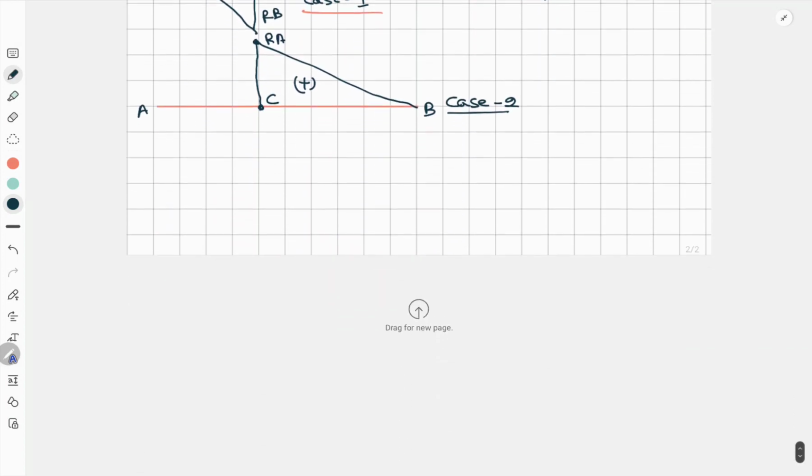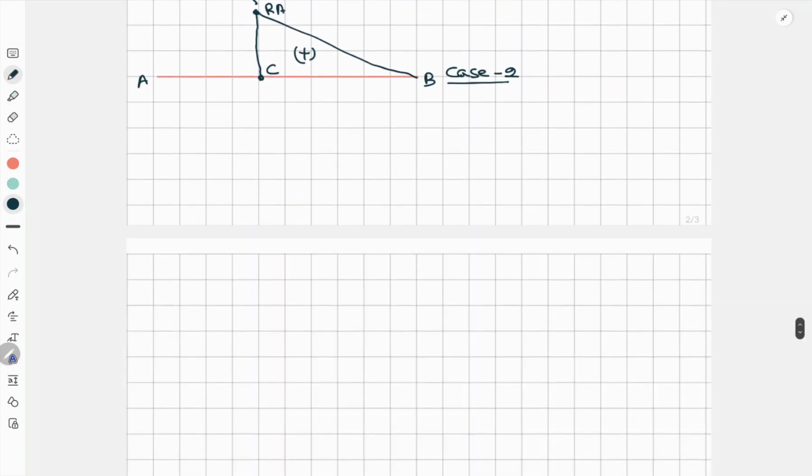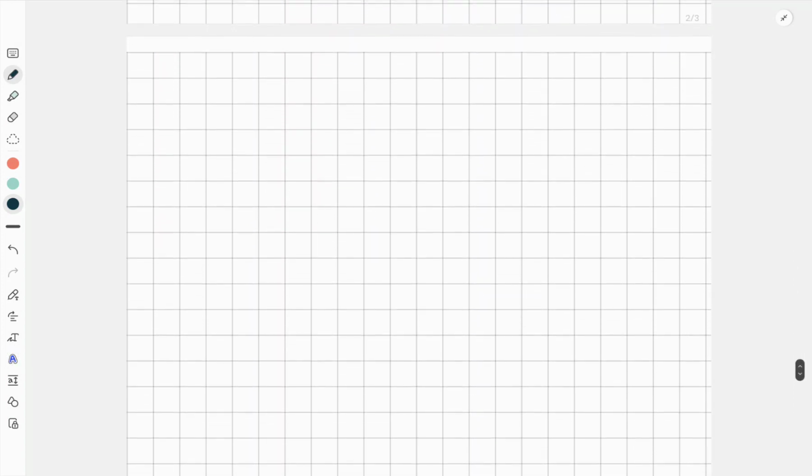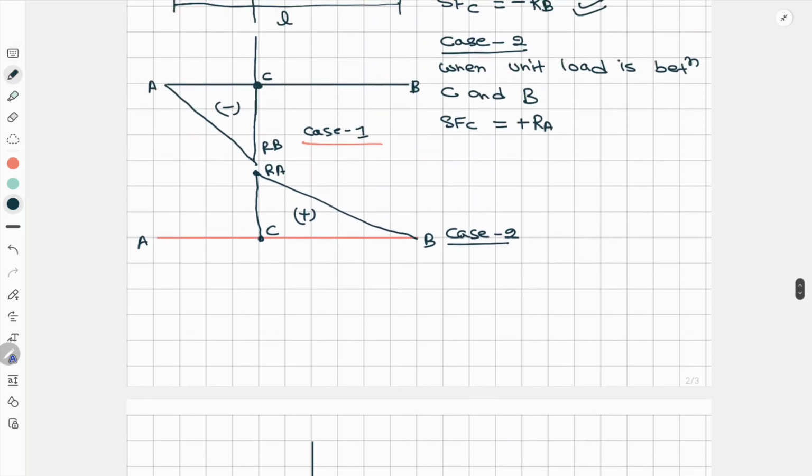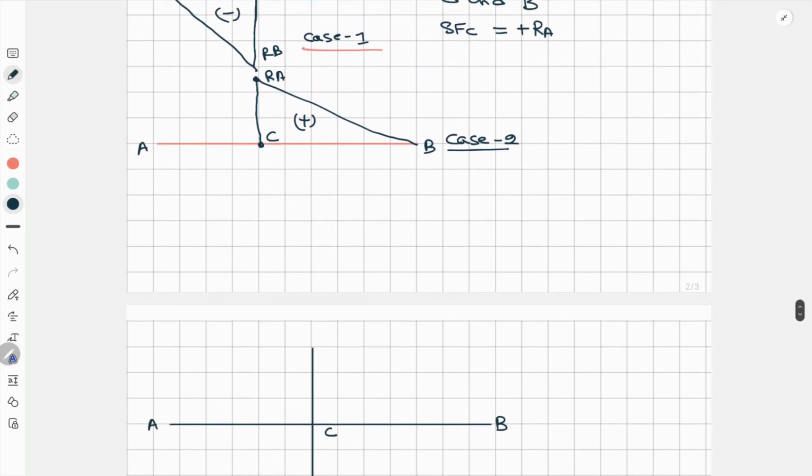Now we have to draw the combined diagram. So the combined diagram will be like this. At point C, one was positive and one was negative, right? And this is A, B, and this one is C. So now here we have to combine this positive and negative.